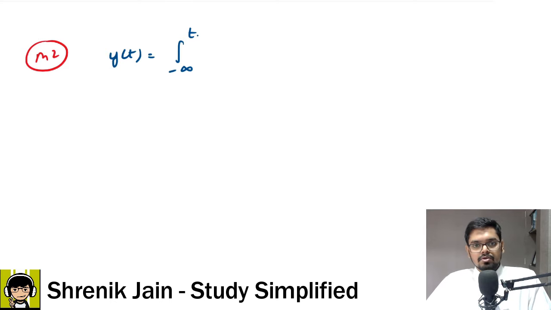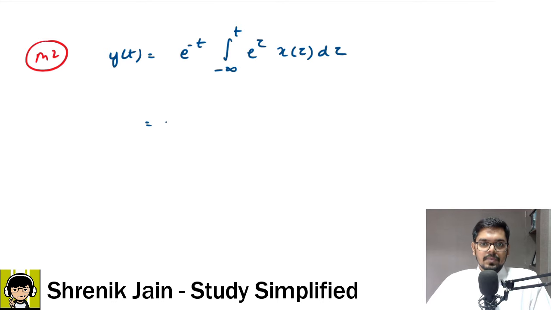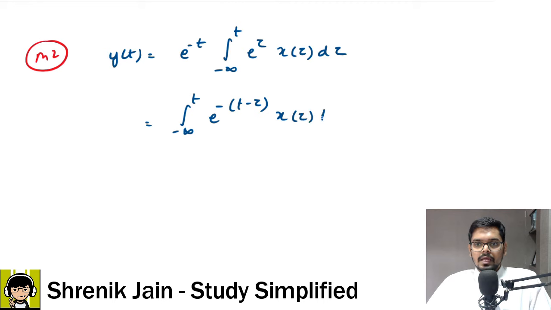Let me first write as per the given data, and then do my manipulation in the next slide. If I take this inside and club the powers of the exponential, this is what things would look like: minus is outside, t minus tau would be inside, x of tau and then d tau.